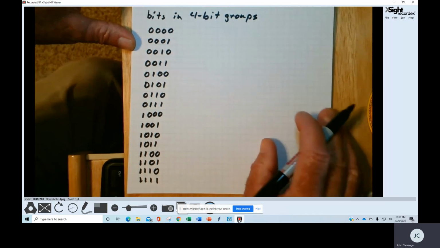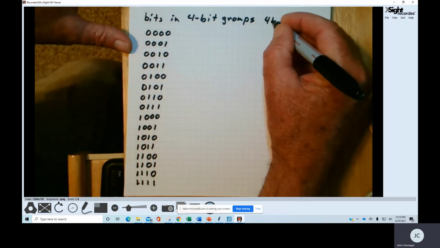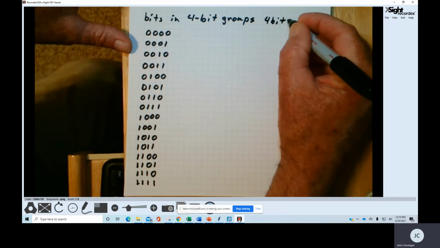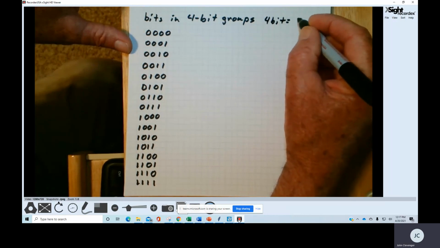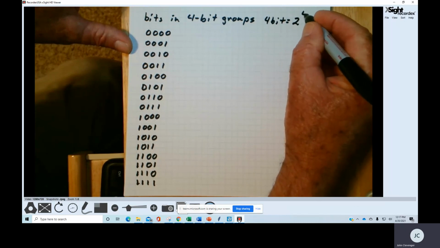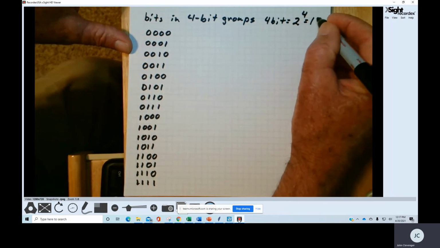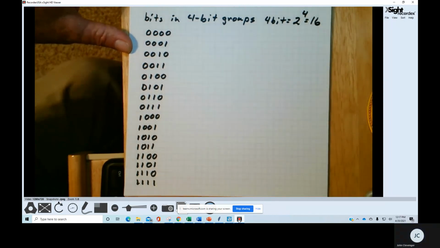And with 4 bits, our possible combinations are going to be 2 to the 4th power, which equals 16 different combinations of zeros and ones.